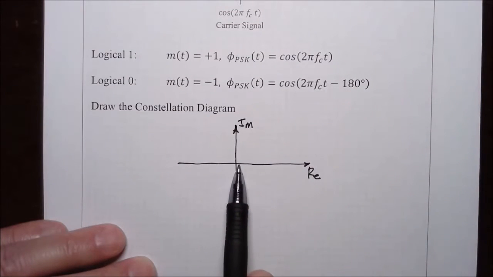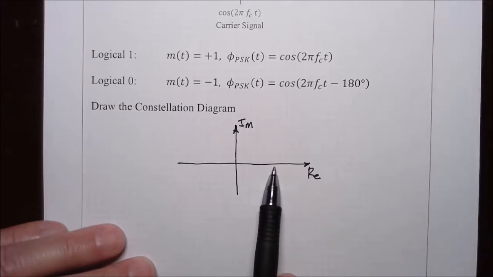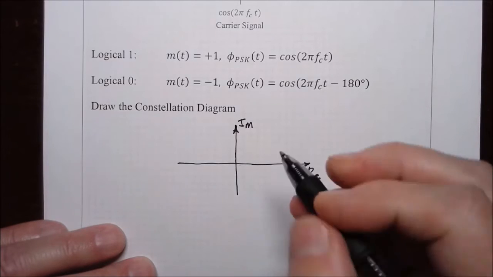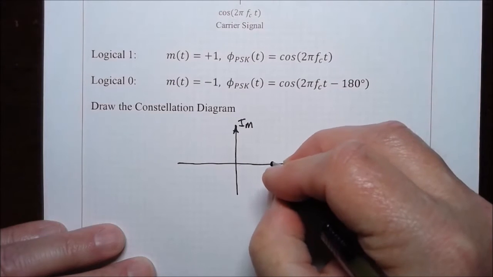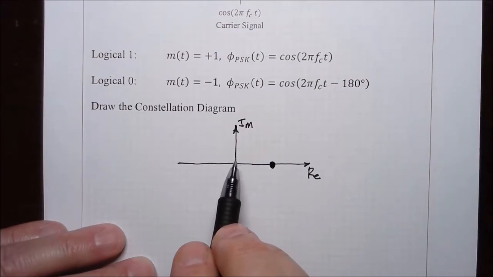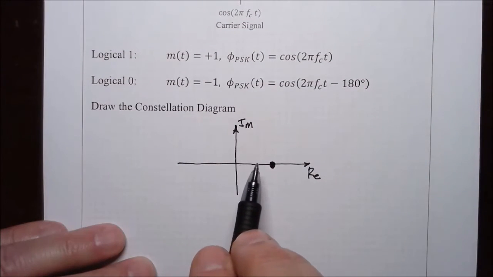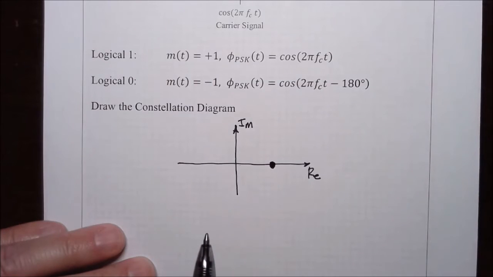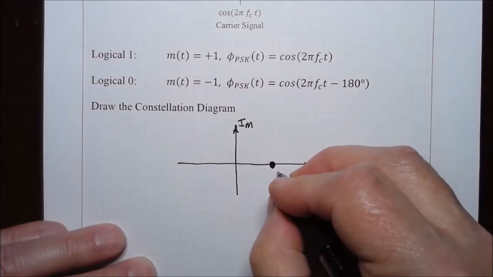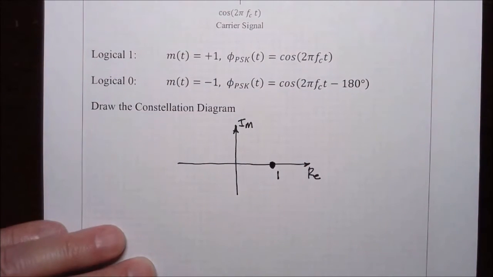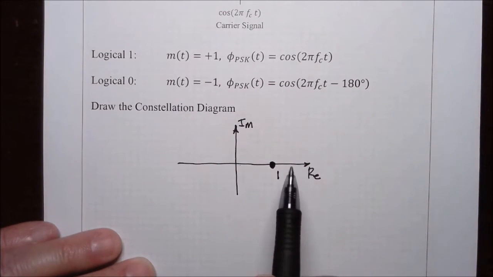We would normally show that as an arrow along the real axis, but now let me just put a dot at the tip of the arrow. So this is 1 unit from the origin to the dot, and that's the point in the constellation for a logical 1.